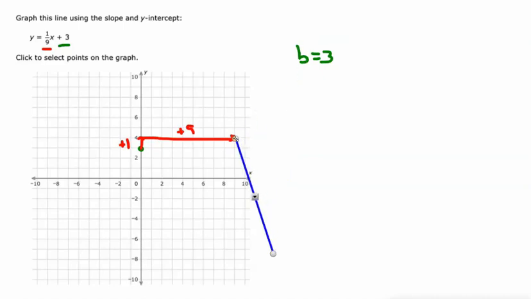So if we make a line that goes through those 2 points, then we would have a line that represents that equation. I'm sorry. A little distracted by my computer going slow today.